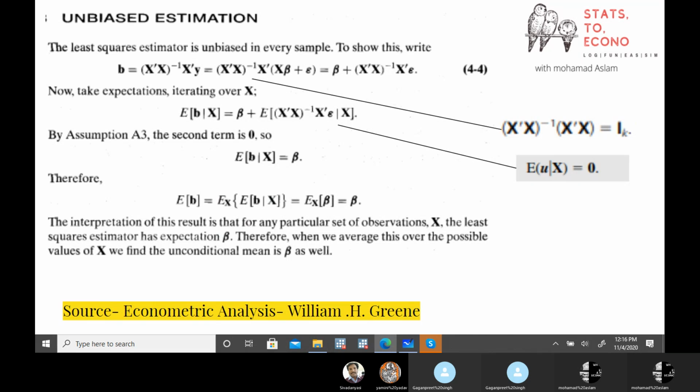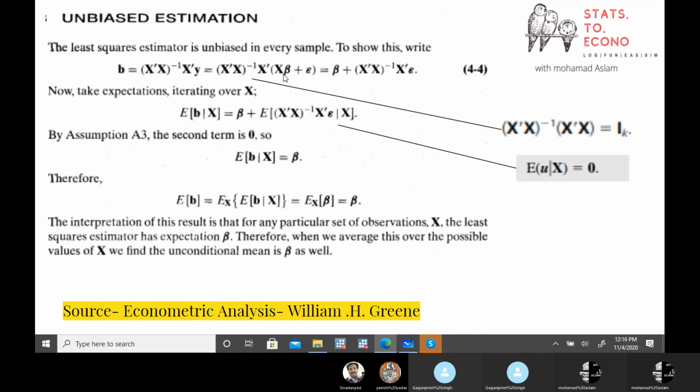And in all other books, generally you will find this u for the residual term. Now again, what we want to prove is that the expected value of this beta matrix that is from the sample is equivalent to the population beta matrix.